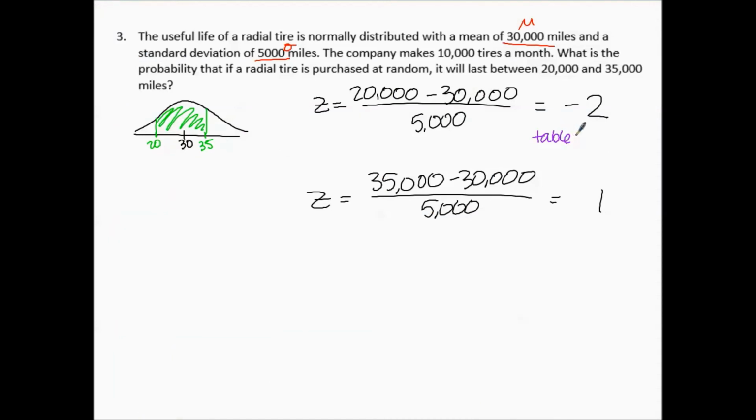So negative 2 gave me a table value of 0.0228, and 1 gives me a table value of 0.8413. So to find the probability that something is between these two values, I want to subtract them.